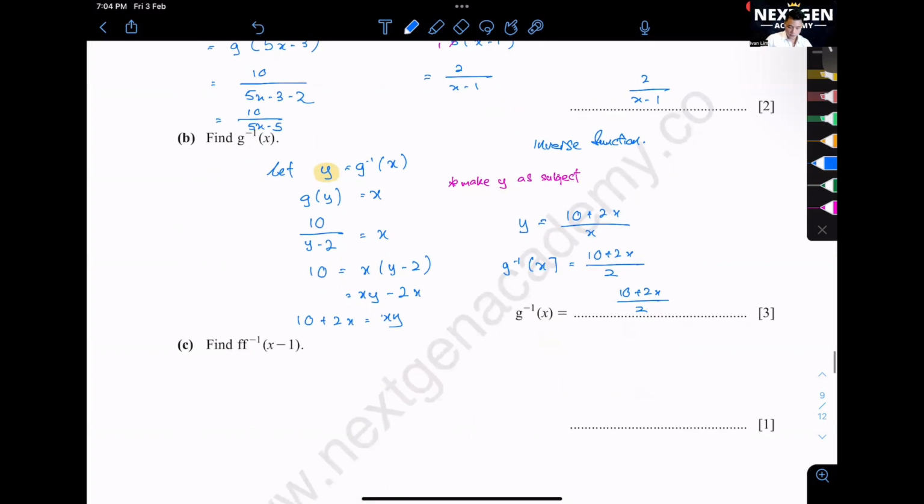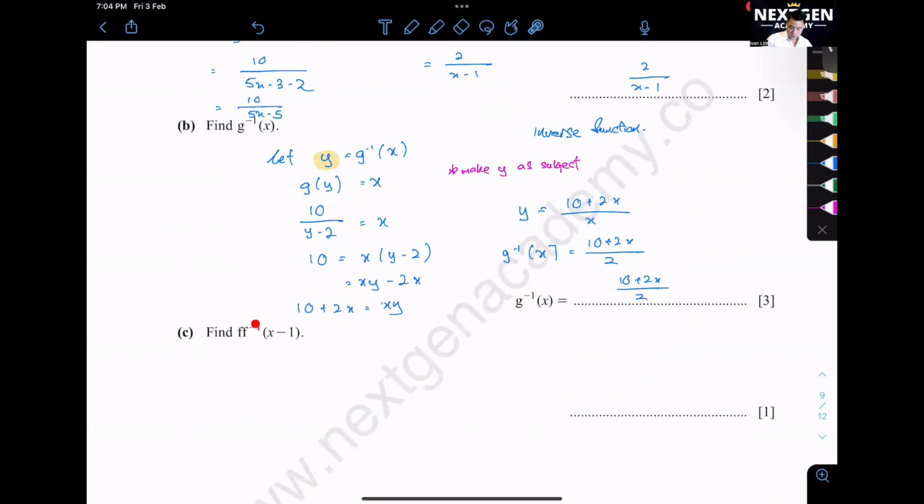Okay, question C, f inverse of bracket x minus 1. f and f inverse, what will you get? It's a 1 mark question only. The logic behind is like this. Sorry, over x, not over 2.